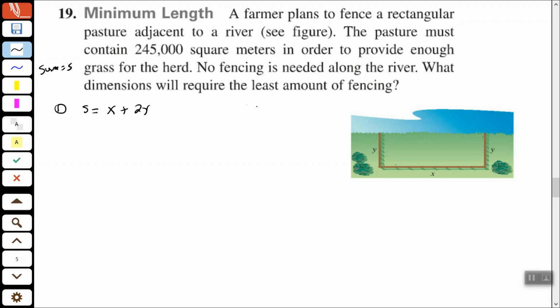And then our secondary equation is the area, or the product. The area should equal 245,000. Once we have that, we just go through the steps. Isolate one of the variables in the secondary equation, so I'll divide both sides by y. And then use substitution. Come back to your optimized equation and replace x with 245,000 divided by y.